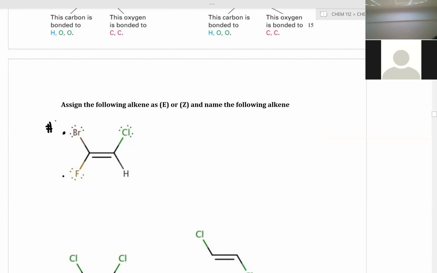So I'm going to put a number 1 here. Now let's look at our right-hand side. If we compare chlorine and hydrogen, what's higher priority? Chlorine. So is this a Z or E olefin? Z. Yep. Our high priority groups are on the same side.